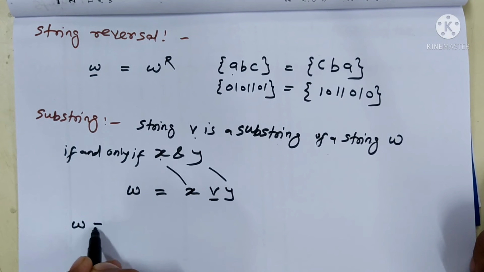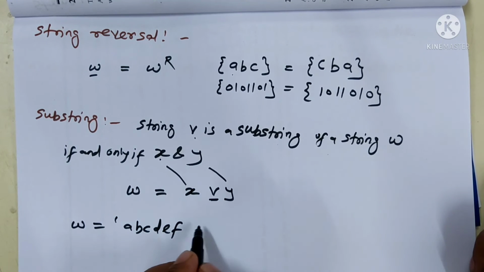Example: w is a string, suppose a, b, c, d, e, f.